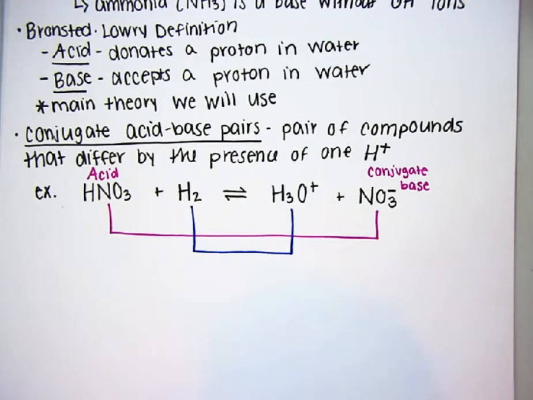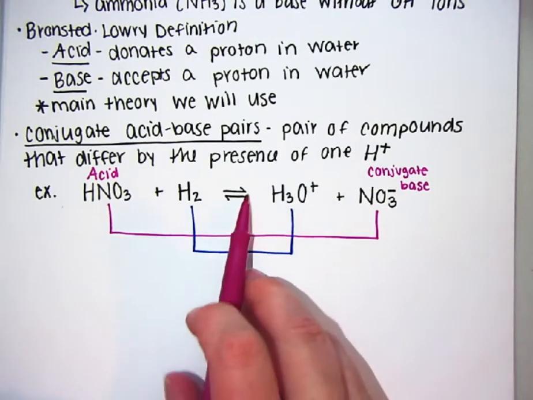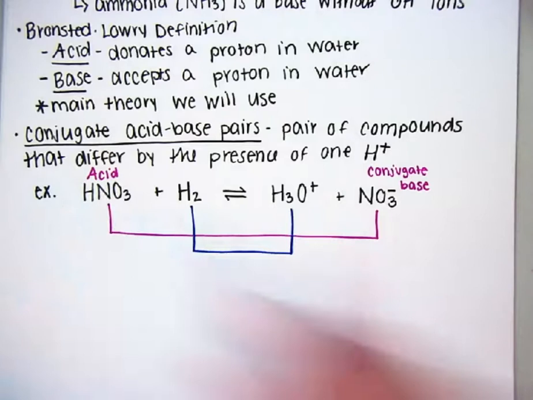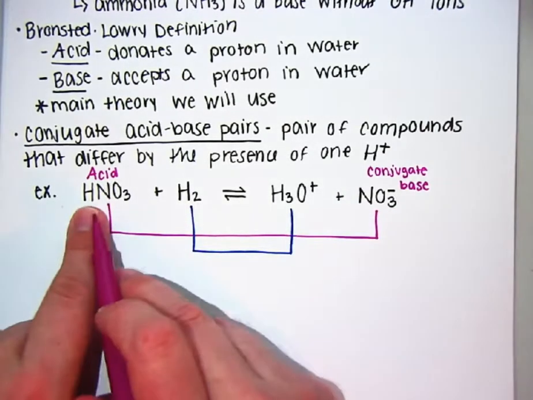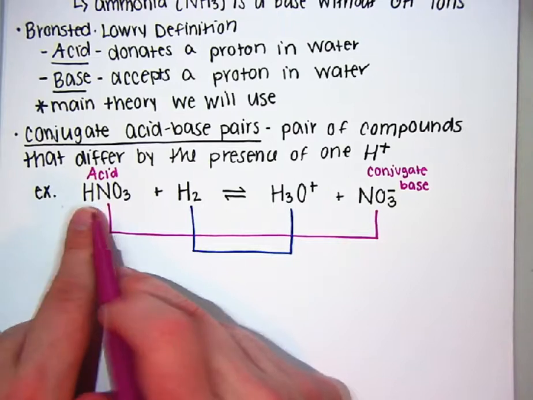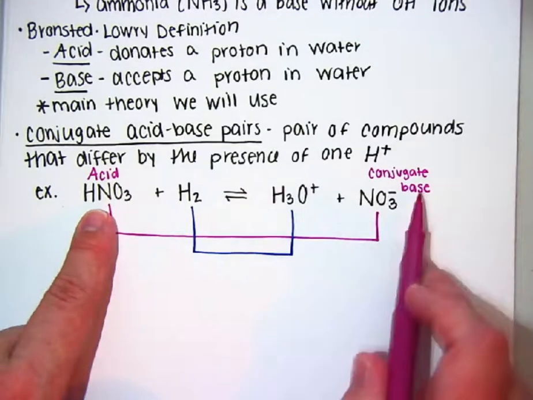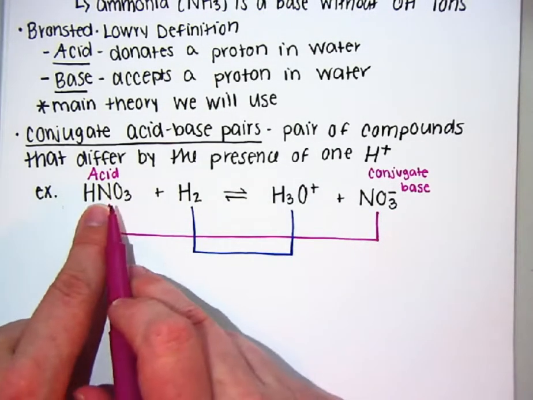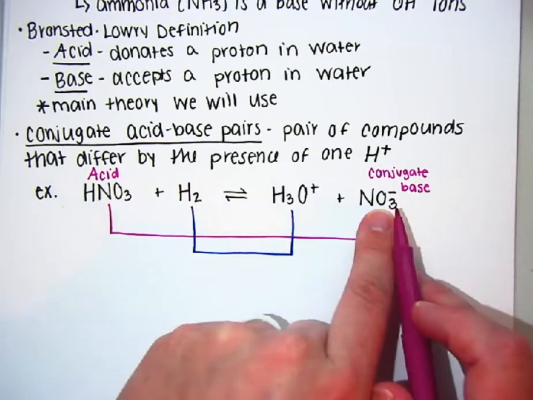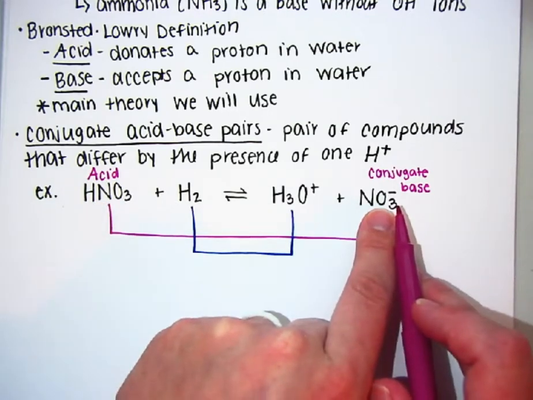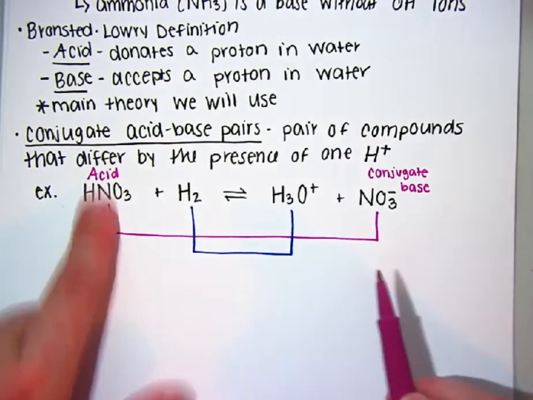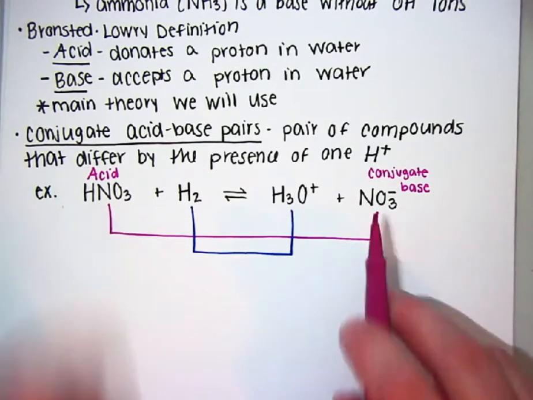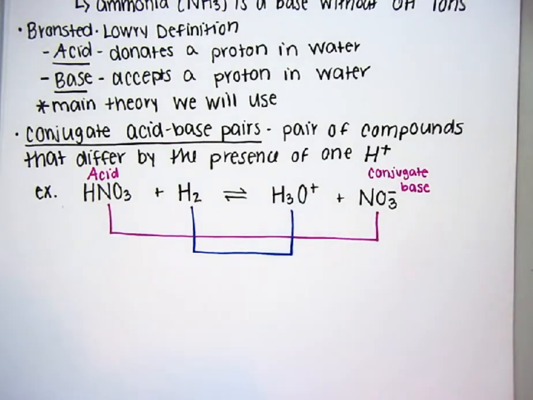It's called the conjugate base because when this reaction goes reverse, the nitrate ion now accepts a hydrogen. So when this reaction is going forward, nitric acid is the acid. It is donating a proton. When it goes in reverse, nitrate is now accepting that proton. So nitric acid is my acid, nitrate ion is the conjugate base.